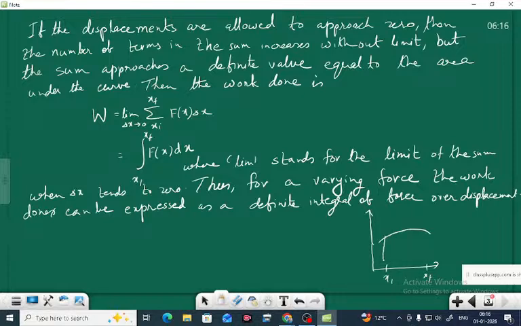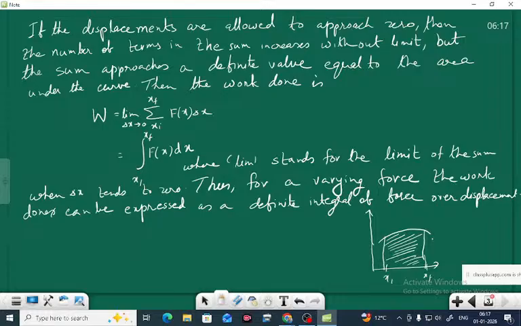If we integrate from xi to xf, the area under this curve will give the total work done, right? This is the work done for a variable force.